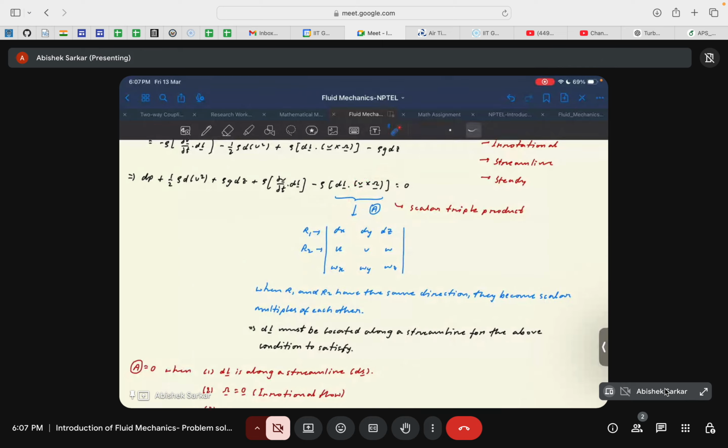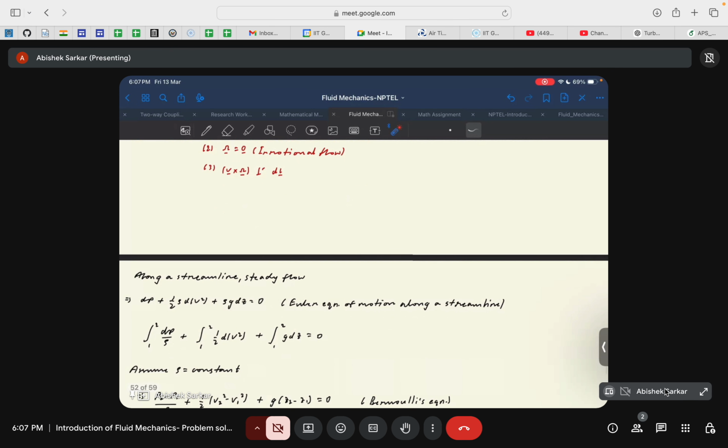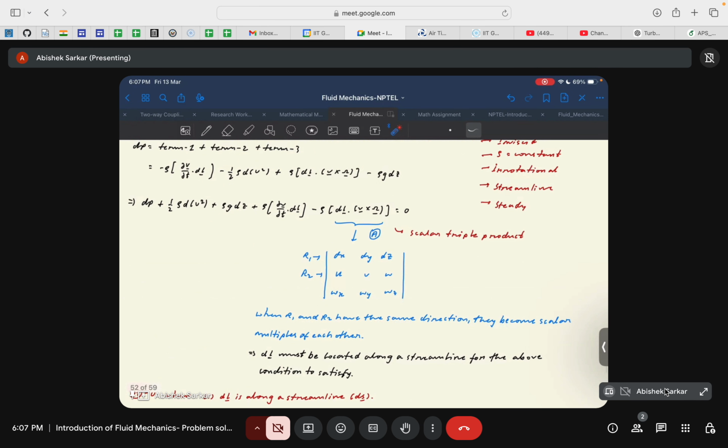Okay. Now, let us consider one simplification case. Consider that the flow is steady. If the flow is steady, then this term automatically becomes 0.